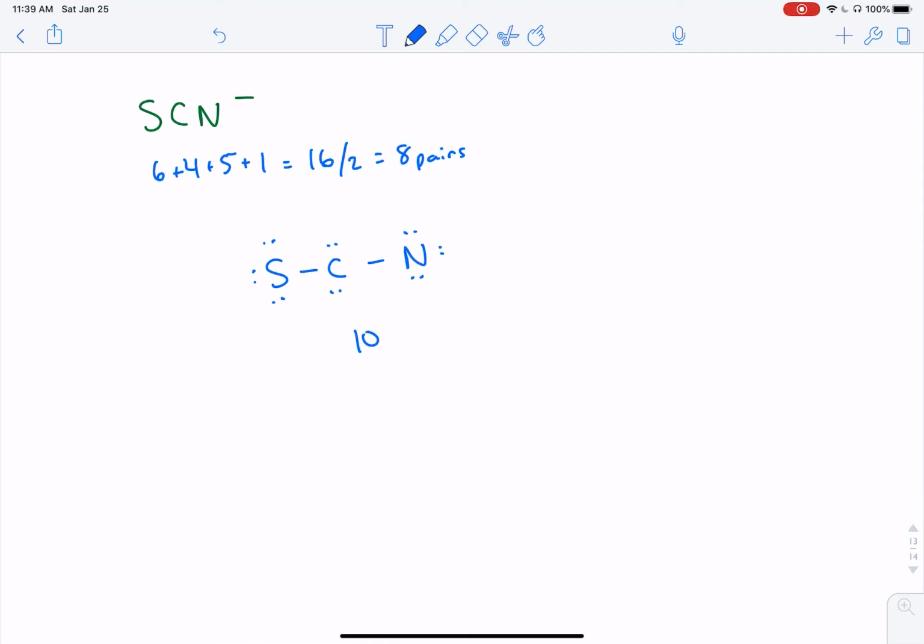So there are 10 pairs here. So that means you need to transfer and change 2 bonds. The problem is this. Those 2 atoms are not identical. So there is a priority in which you add the double bonds. And you have to figure out what that priority is. And that's what formal charge is.